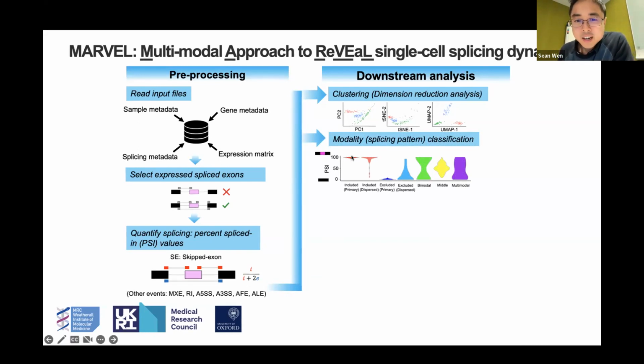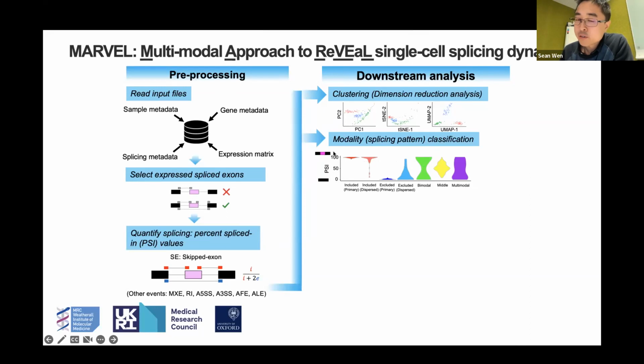So over here, I'm going to go through, hopefully quite slowly, 7 different splicing events, splicing patterns. And so we know that the PSI value, because it's a percentage, can take any value between 0 to 100.